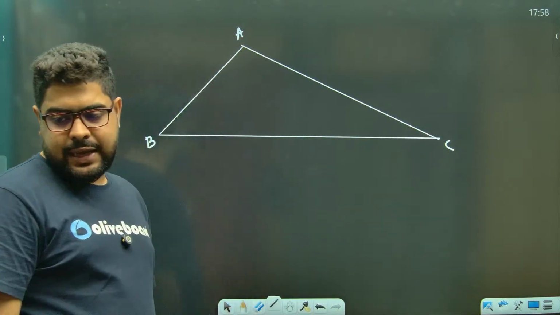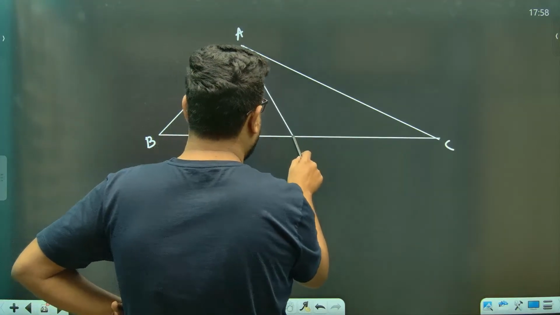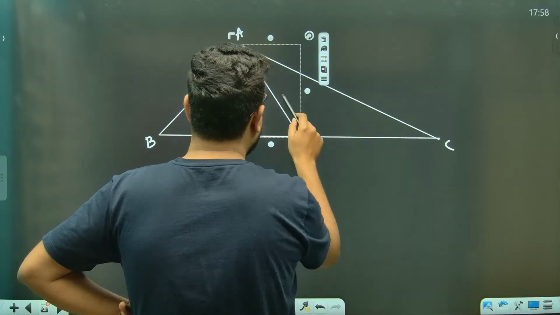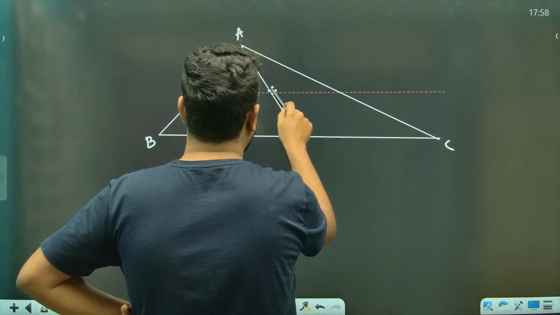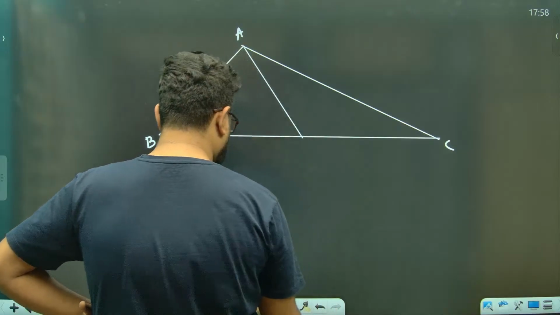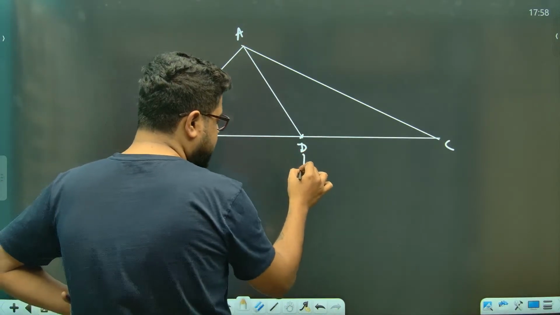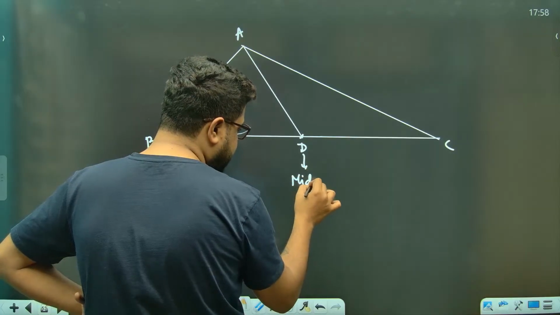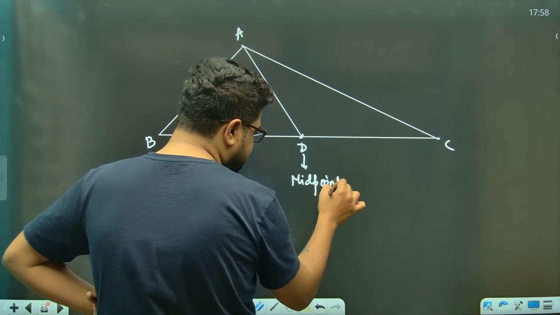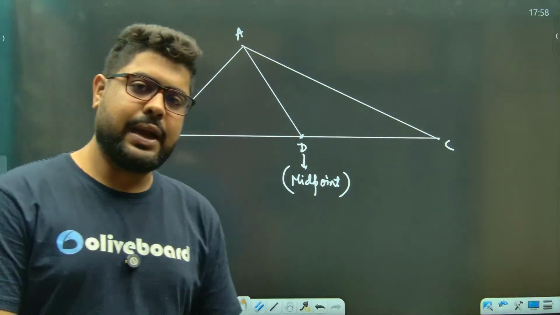He told us, if you draw any median, I'm saying D is the midpoint. Median means a midpoint. A median will always intersect the side at its midpoint, right?